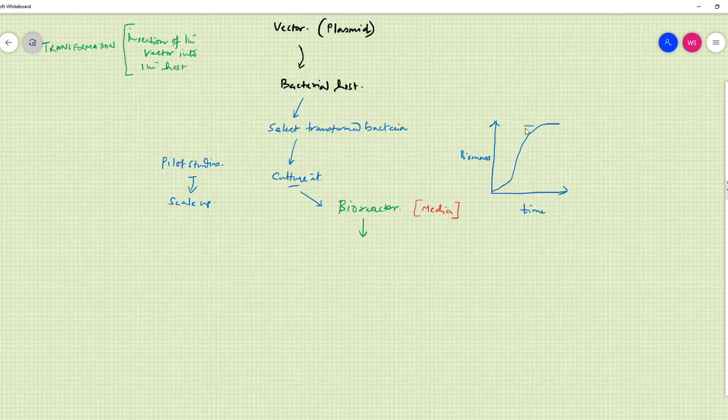So when it reaches somewhere here, the bioreactor is switched off, or the growth is stopped. Okay. So after stoppage, what happens? The purification step begins. Okay, so there will be separation of the biomass from the liquid media. We use techniques like centrifugation.